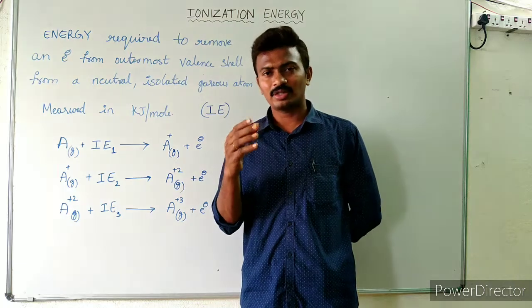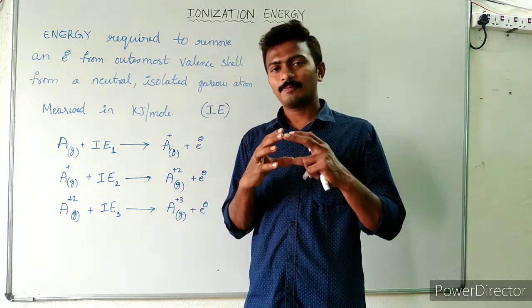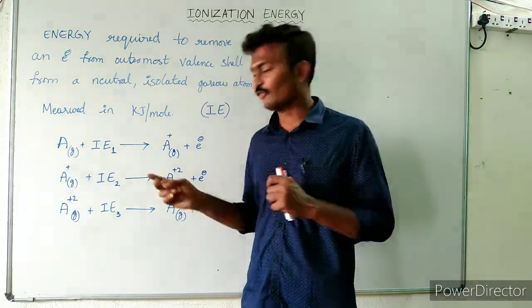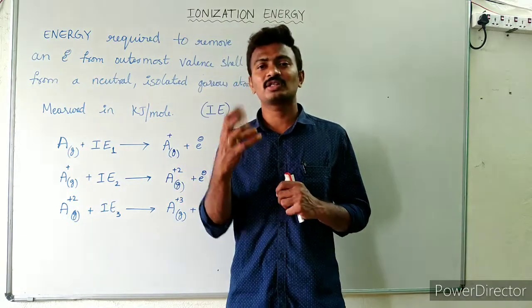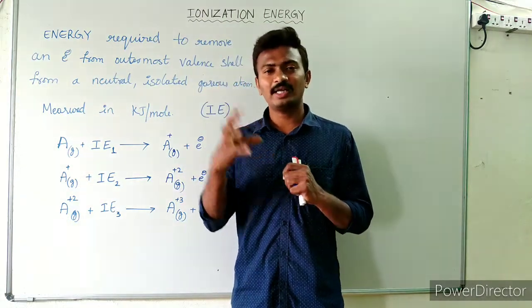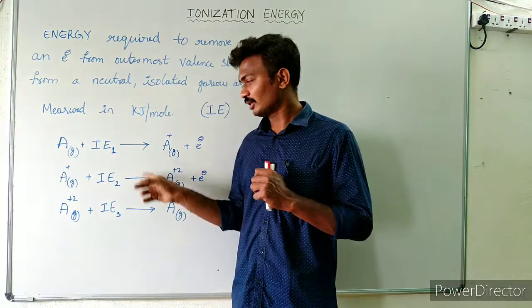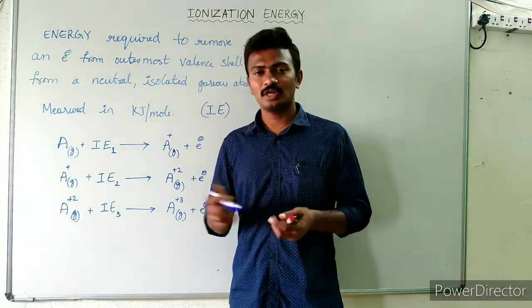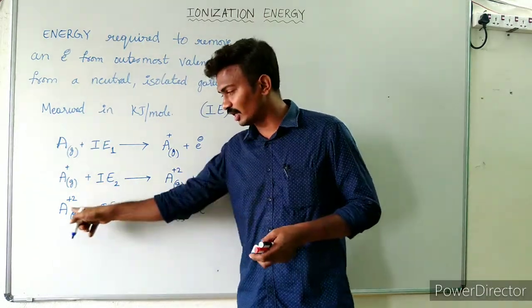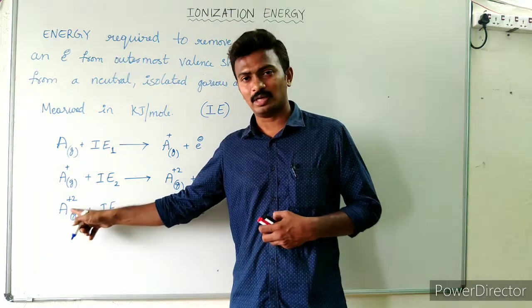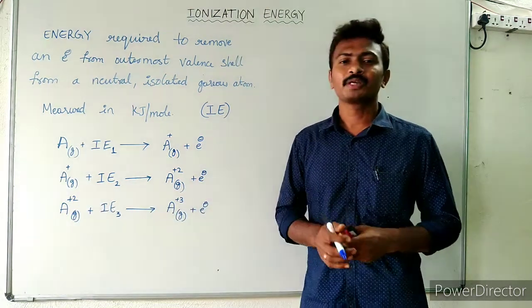The number of electrons will be less by how many? 2. So therefore, here the nuclear charge is still higher, very much greater than the second and the first cases. So therefore, removal of third electron from this dipositive cationic species will be very, very difficult.